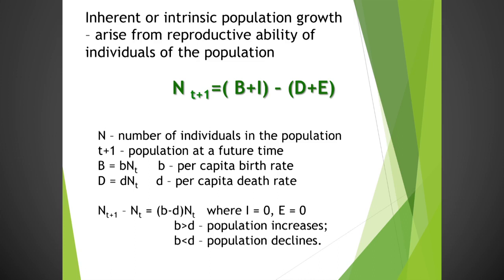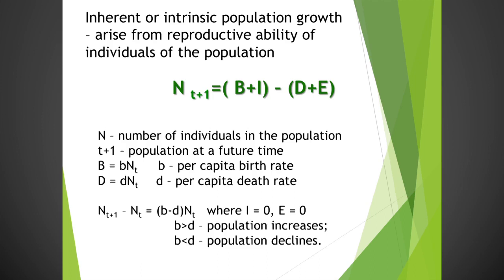There are inherent intrinsic population growth mechanisms, and these arise because of the reproductive ability of individuals in the population. We compute this using the formula N(t+1) equals N(t) plus birth plus immigration minus death plus emigration.